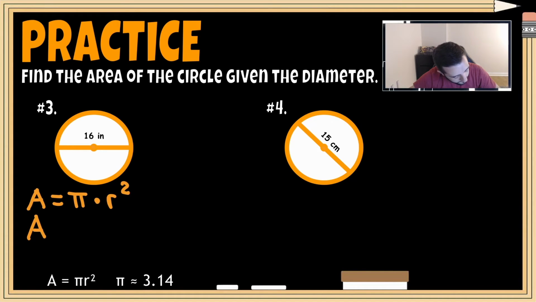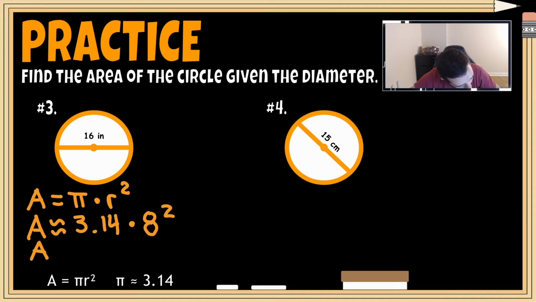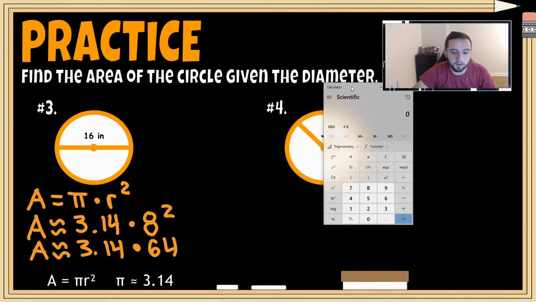We have area is approximately 3.14 times our radius, which we know is 8, or half the length of the circle, squared. Okay, exponents first. So we have area is approximately 3.14 times 8 squared, which is 64. Okay, take out the calculator. Let's multiply those.